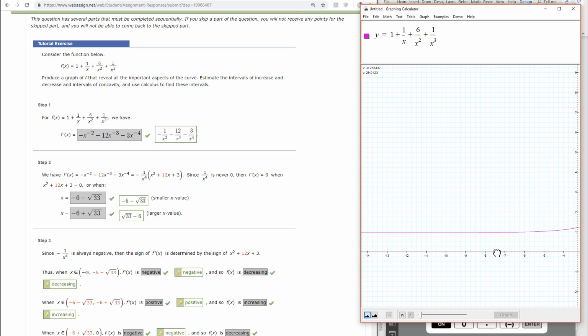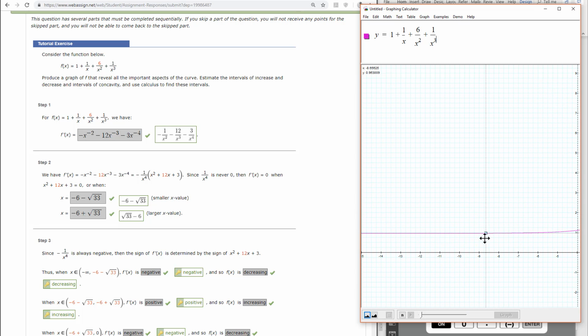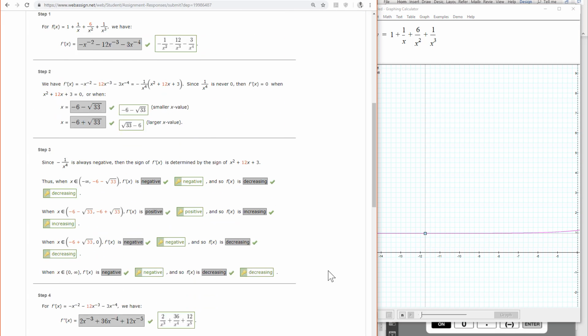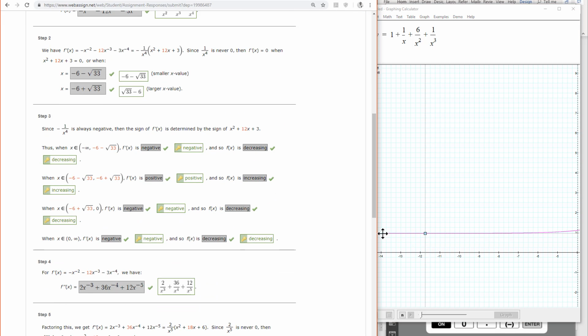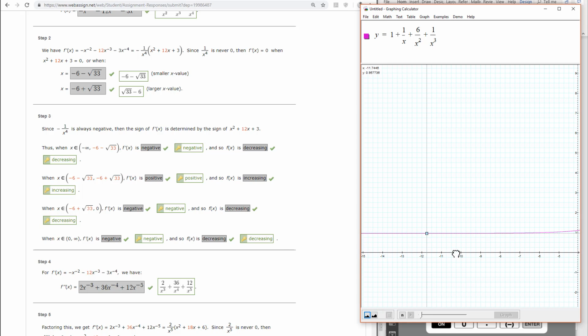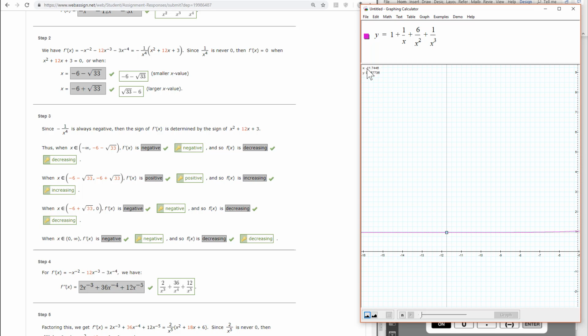The difficult one, I think, that's tough to see is this minimum point that happens here. If we take a look at it, it goes from going down to going up, and that happens at -6 minus the square root of 33, which is around negative 11.75-ish. So it's hard to see this.